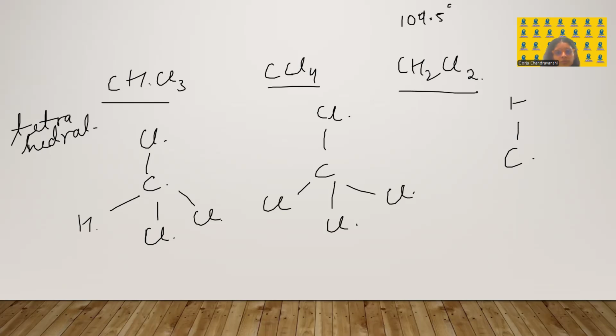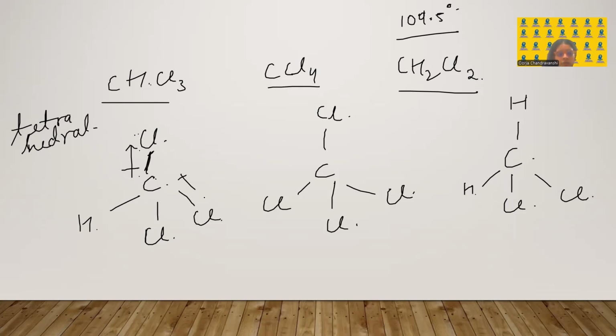Here, observe. Amongst carbon and chlorine, which one is more electronegative? It is going to be chlorine. So the arrow will point towards chlorine.